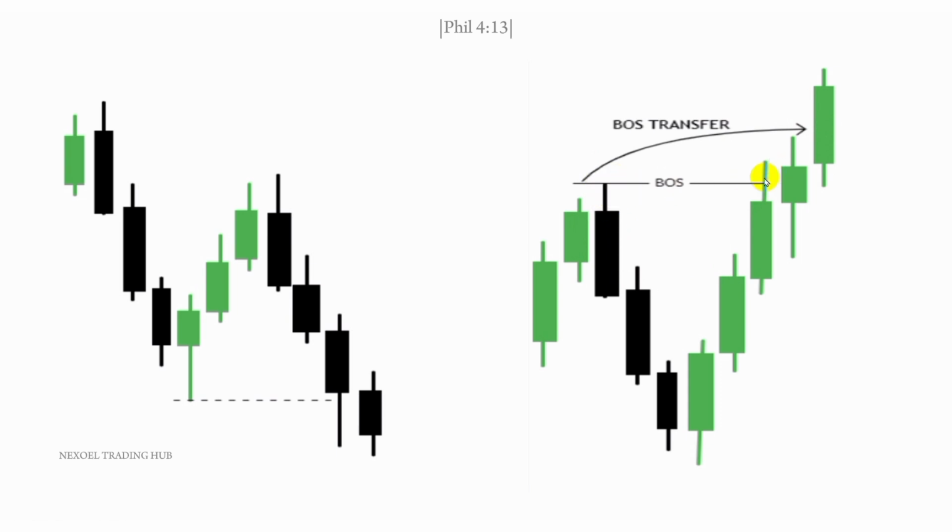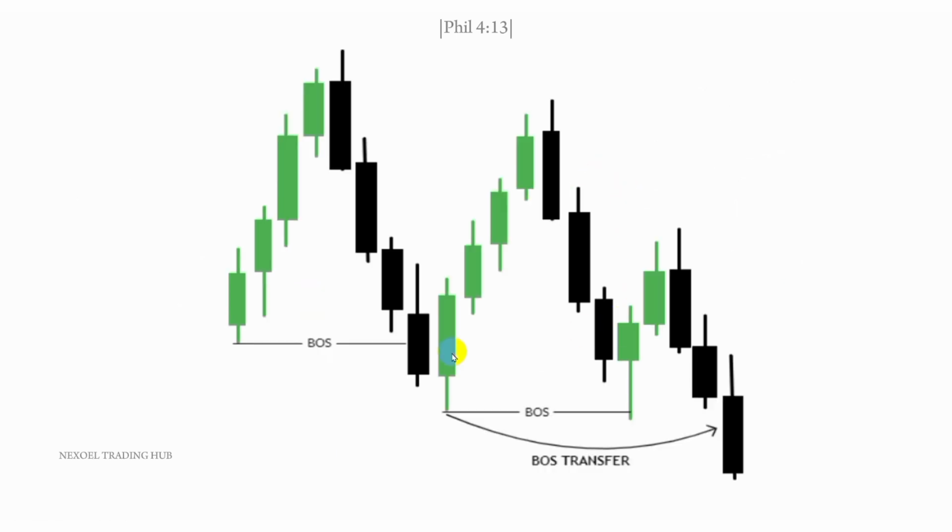In the case where the market takes out this swing high with a wick, we do not have a valid break of structure until we see the next candle body close above the previous candle high and also the swing high. Then we actually have a valid break of structure. You can see now that the break of structure is transferred to this candle. This candle validates the break of this swing high point.